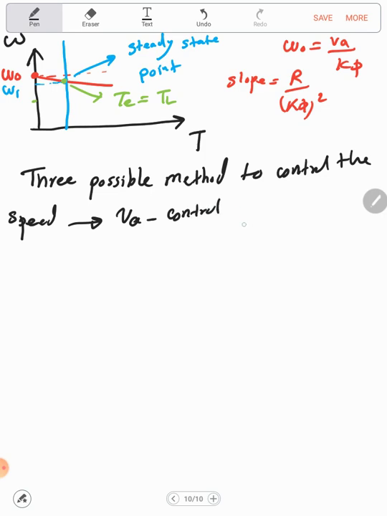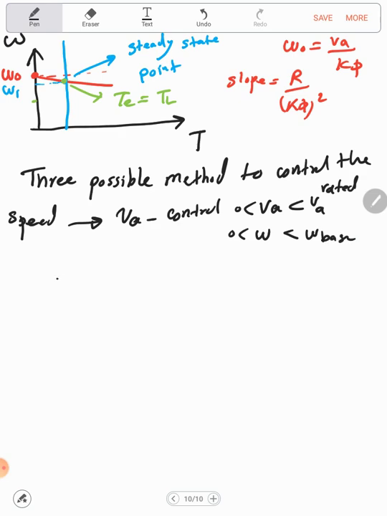In VA control, we can change VA from 0 to VA rated. We cannot impose a voltage more than the rated because of the insulation of the windings. And here the speed can be controlled from 0 to the omega base, let's say.